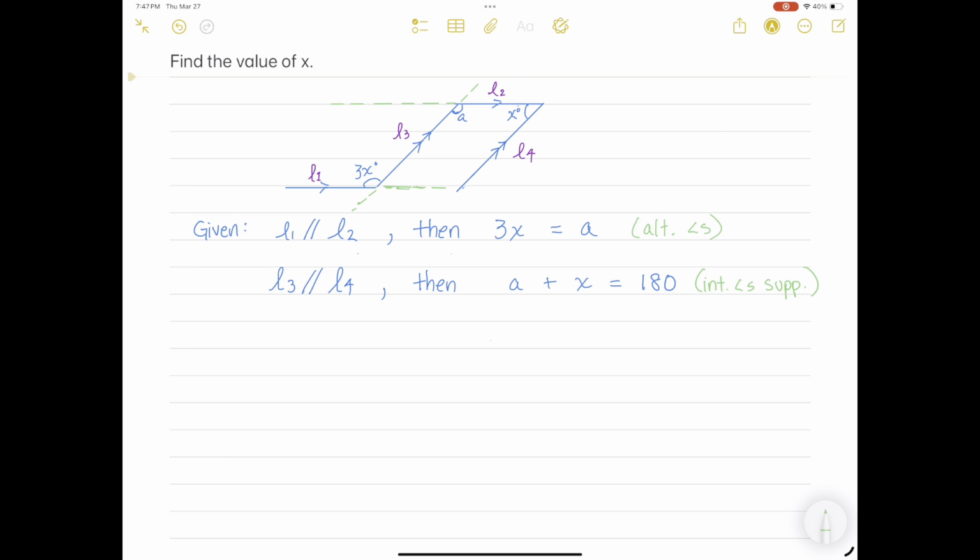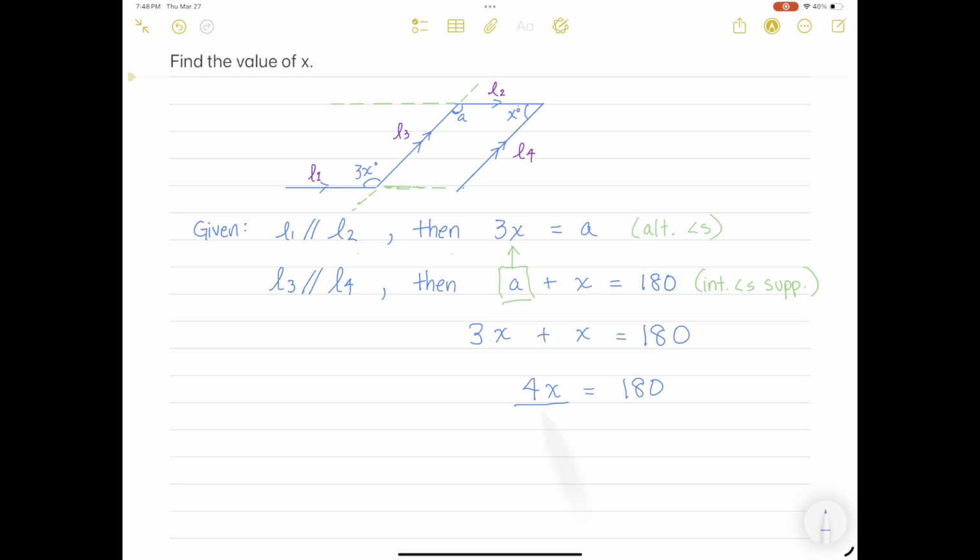So from the previous equation, we see that 3x equals A, so we can substitute 3x for A in A plus x equals 180, which gives us 3x plus x equals 180. So now we just simplify. 3x plus x equals 4x equals 180.